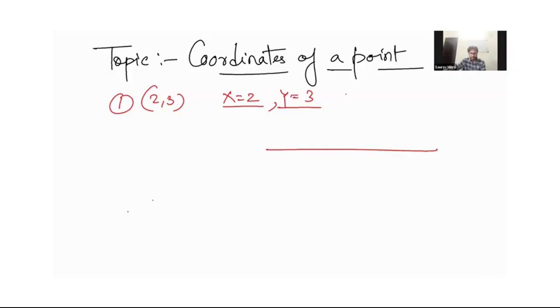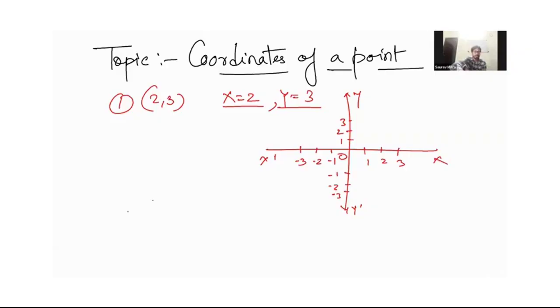First of all, you have to draw the complete graph system like this: x here, x dash here, this is your origin, this is your y, this is your y dash. Now write 1, 2, 3, and -1, -2, -3.